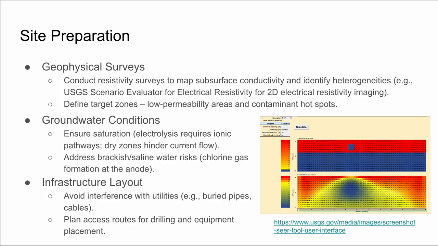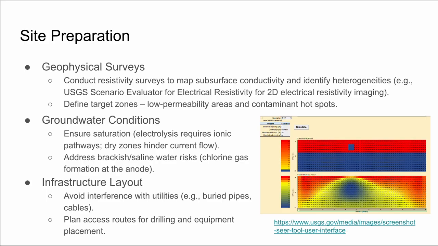Next, we check underground conditions. Our underground water must fully saturate the treatment zone because electrolytic processes rely on water as a conductor. If the groundwater is salty, we need to avoid the electrolytic process here to prevent any chlorine gas formation.